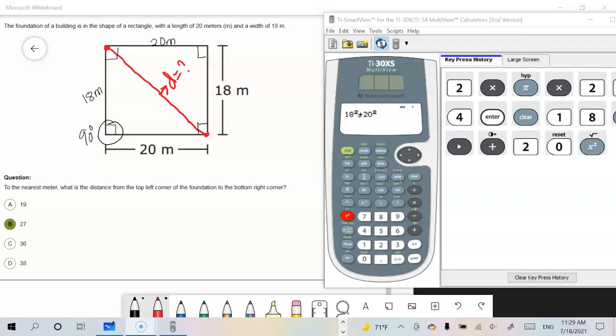After I put the square here, I made sure I press this key so the cursor moves, so I know that I'm not squaring the 20 and not writing the 20 as an exponent of the 18, but I'm just squaring 18 and then adding the 20. So I'm going to press enter, and that's 724.